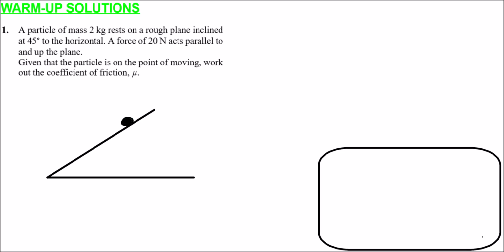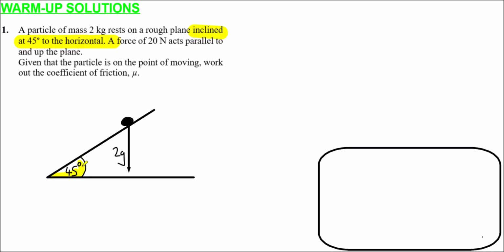If that's 2 kilograms, it's going to have a weight of 2g acting downwards, quite obviously. We're told that it's inclined at 45 degrees, so we know this angle here must be 45 degrees. That's the inclination.